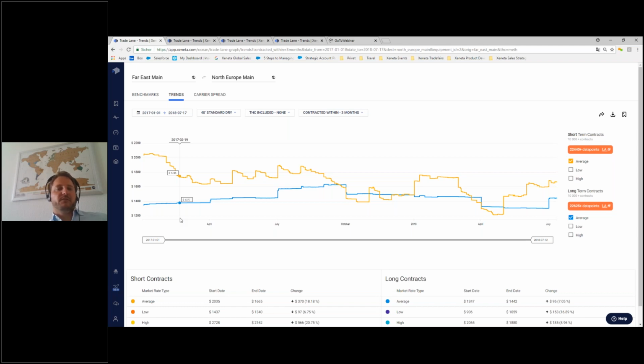When we talk about market development, there's one important aspect which also differentiates us from a lot of other market information providers: due to the extensive amount of data being delivered by shippers as well as freight forwarders, we are able to display 2 different markets at the same time, meaning the long-term market on the one side, which is displayed by the blue line.